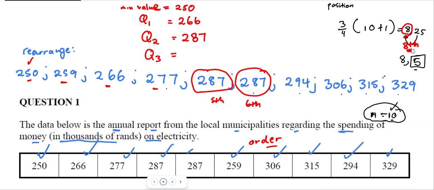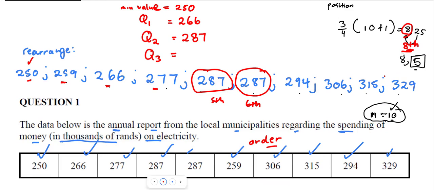But if it was at 8,5, you look in between the 8th and 9th. More than 8,5, it changes to the 9th position. Less than 8,5, it does not change, it remains as 8. At 8,5, you look in between the numbers.